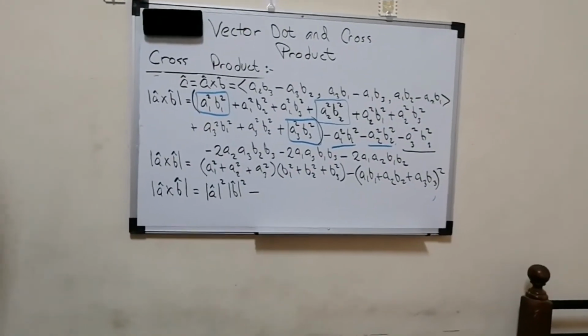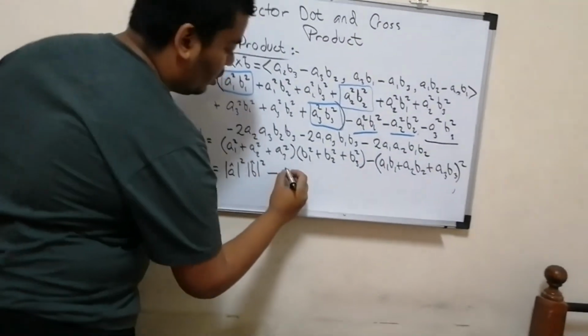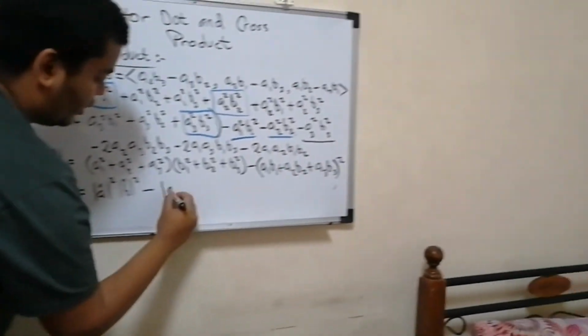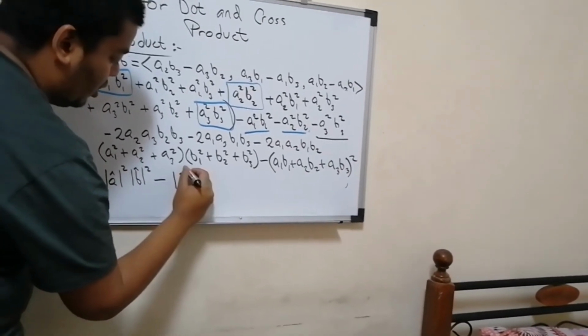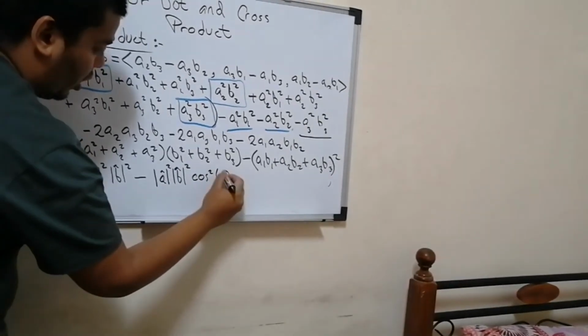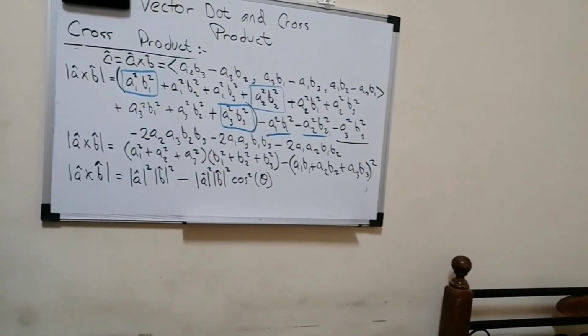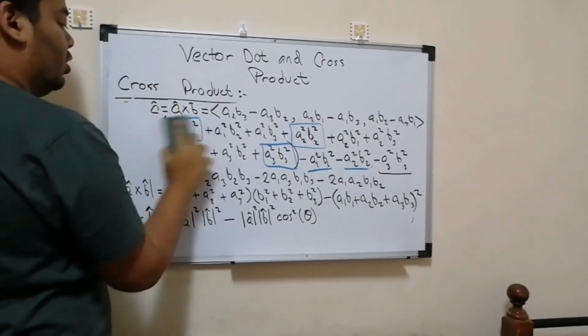So the dot product squared can be written as a into b cos squared theta. Okay, so when we write this, I'll remove the top part.